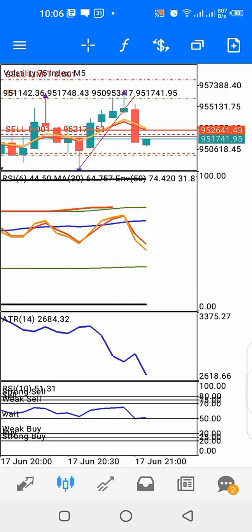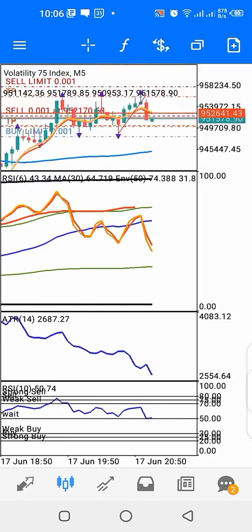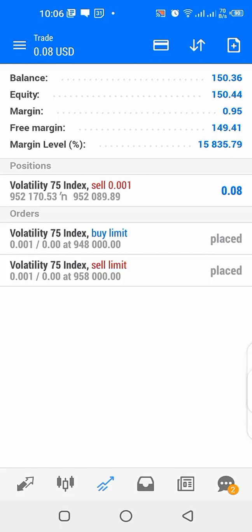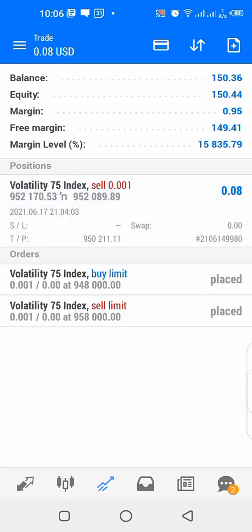Don't forget, my buy limit is at 948,000 and my sell limit is at 958,000. The buy limit serves as my support area and the sell limit serves as my resistance area. You can see the buyers trying to push price up.